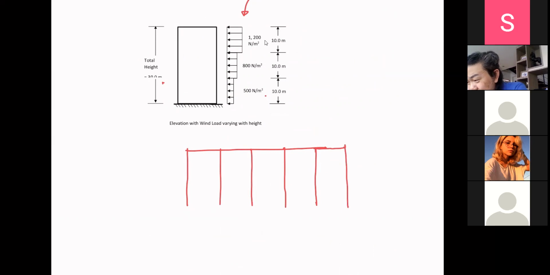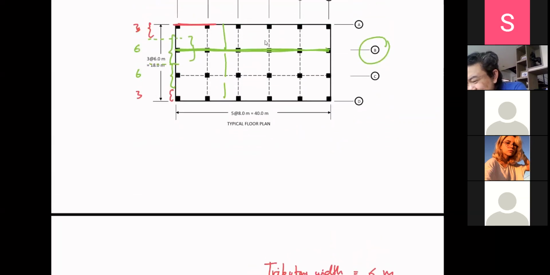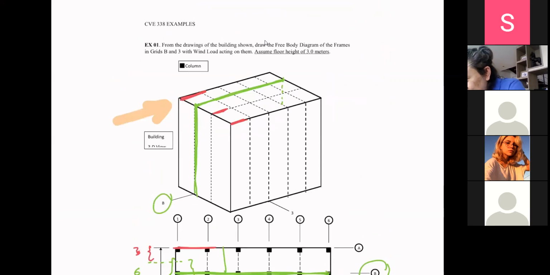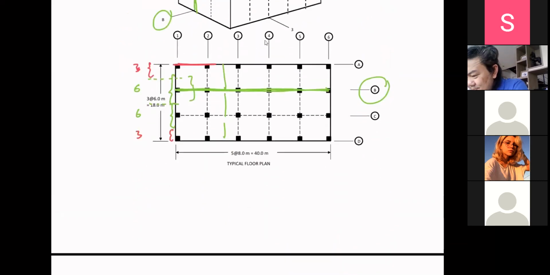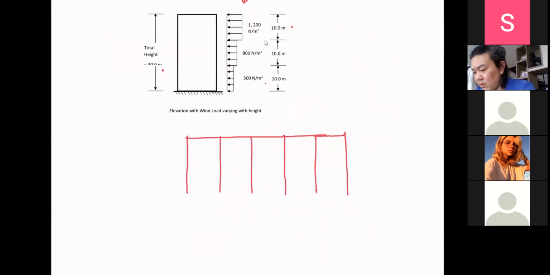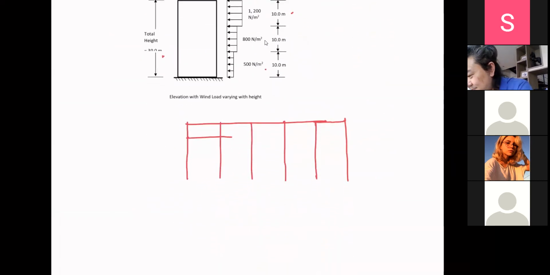And the total height is 10 meters. Assume a floor height of 3 meters. So the 10 meters here will not just coincide with the floor, but anyway, you have like 3 floors and a little bit more.